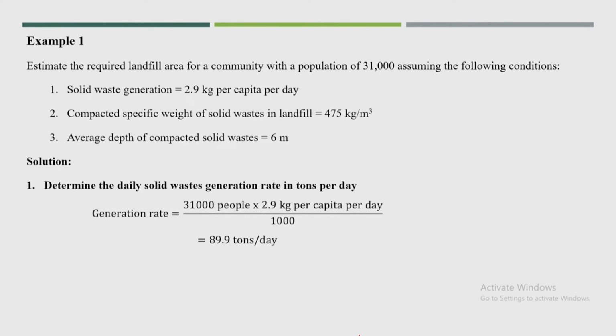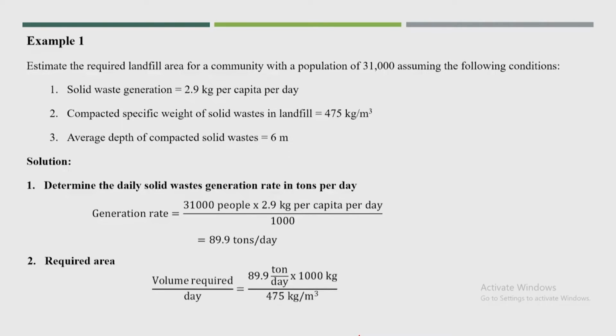We have the population 31,000, and the per capita generation is 2.9 kg per capita per day. To convert kg to ton, we divide by 1000, and finally the value comes to 89.9 tons per day generation rate.